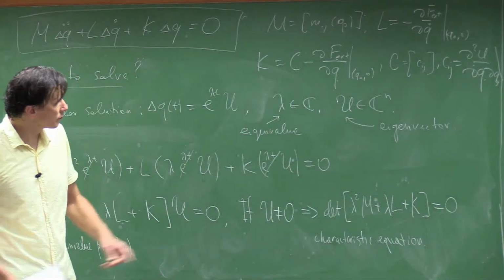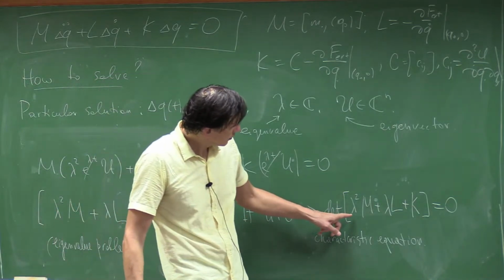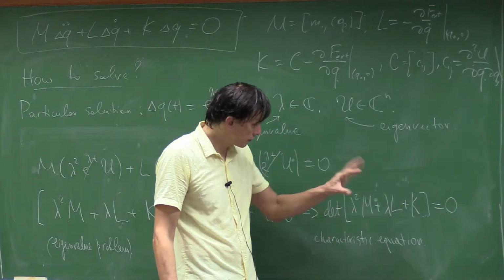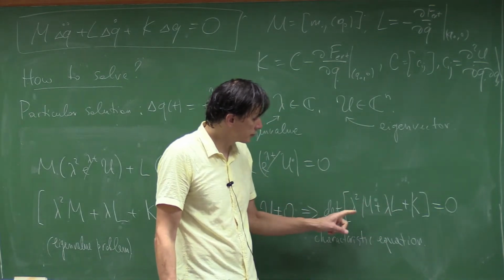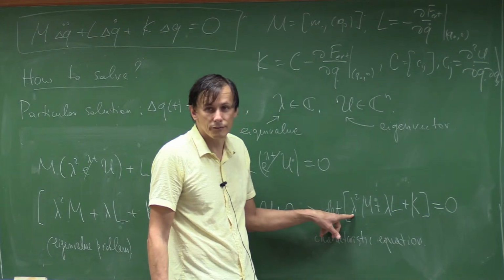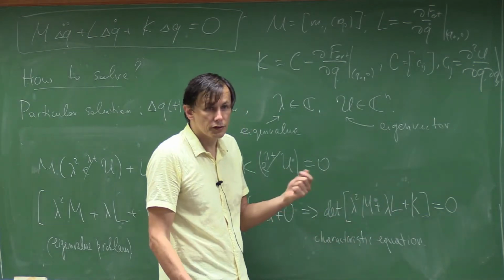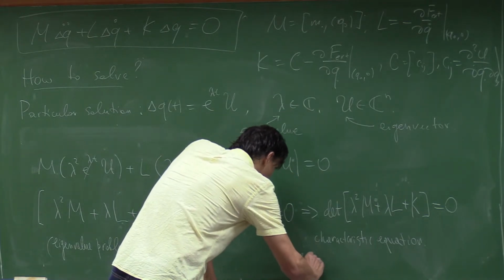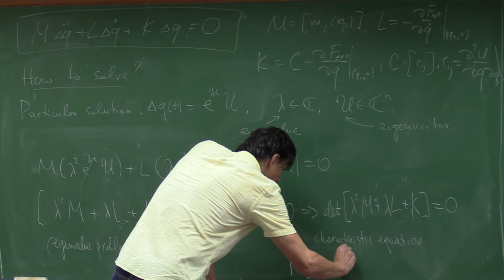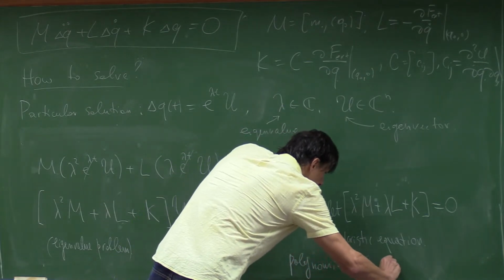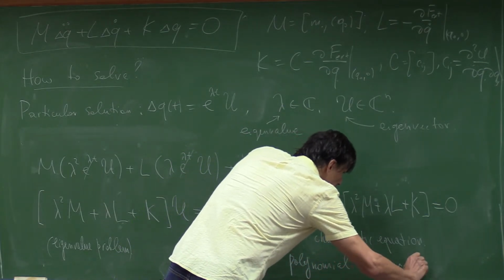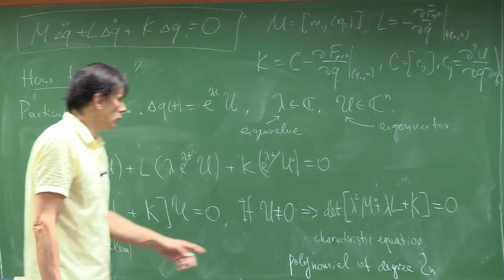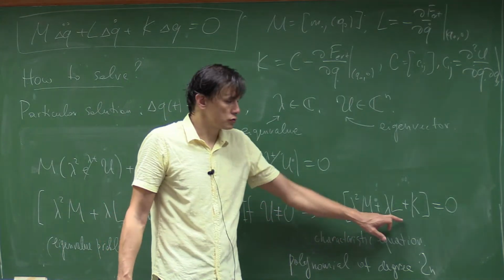Remember that the determinant is a sum of products of n different components of the matrix. Each component is quadratic in lambda. So this is a polynomial of degree 2n, called the characteristic polynomial. And a polynomial of degree 2n has 2n roots.